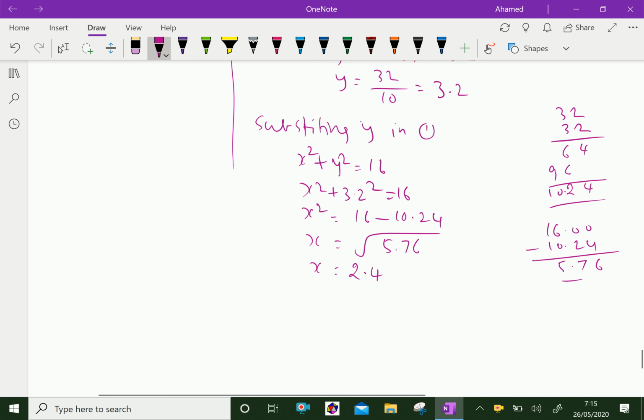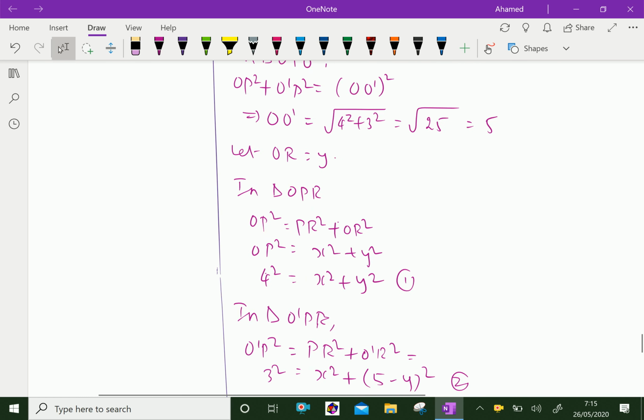Now we got both x and y values. X value is 2.4. Now we need the length of PQ. Look at PQ here.